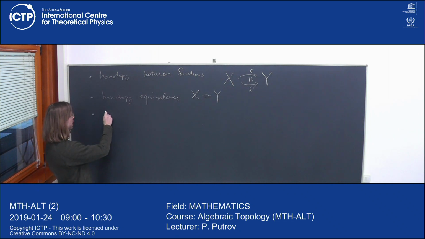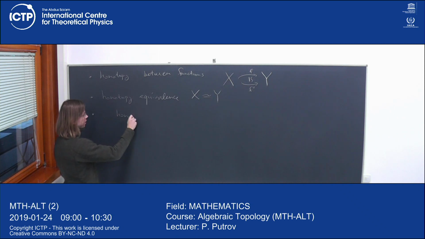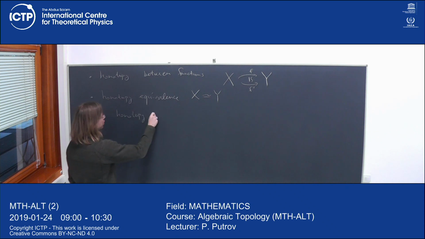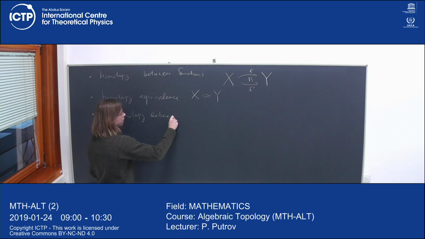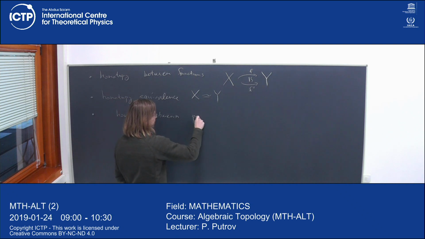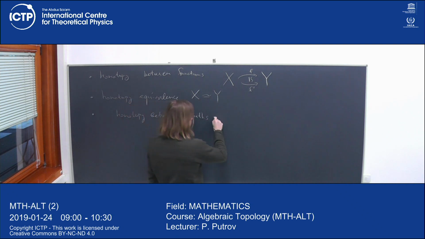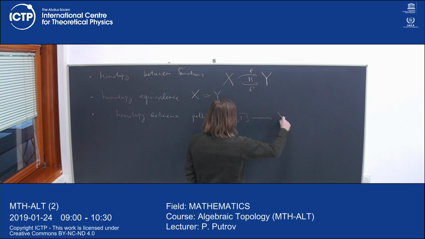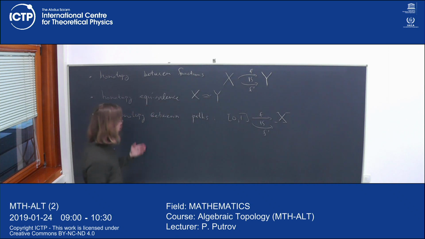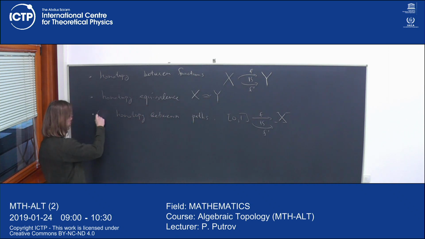Then we defined the notion of paths, and there was a homotopy between paths. So a path was a continuous map from the interval to a topological space X. One can take paths f and f prime and say they're homotopic as paths.